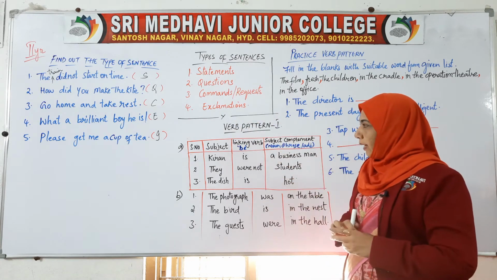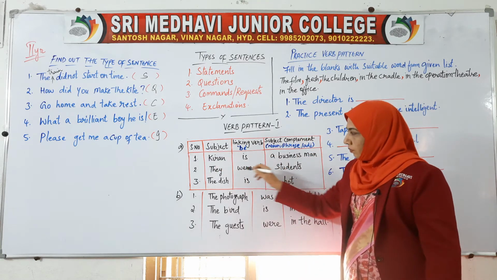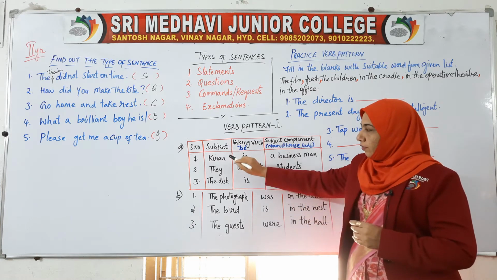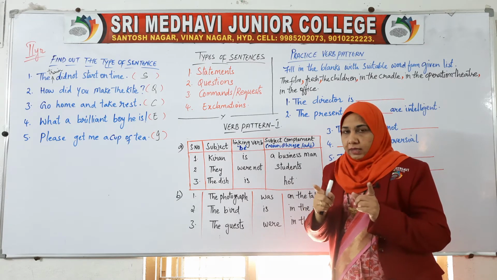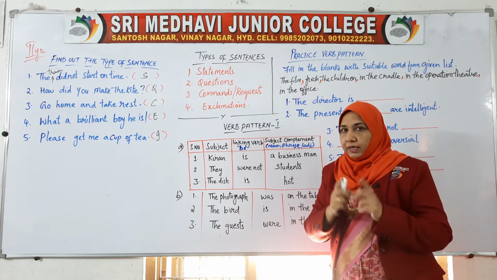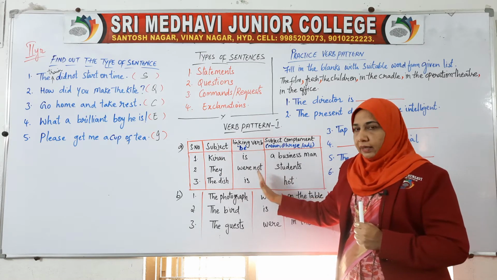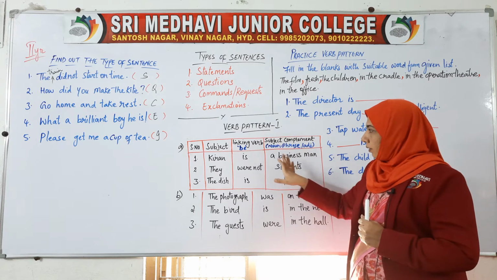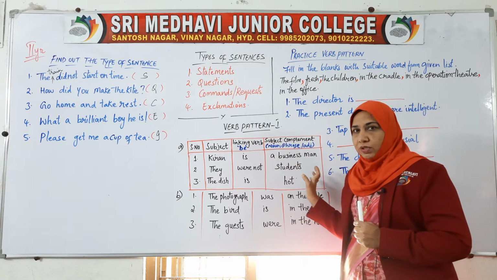In the first verb pattern, it is divided into 3 columns and 3 rows, where the first column deals with the subject. The sentence is split into 3 parts. One is the subject, the other is the linking verb, the third is the subject complement, where we can use noun phrases or adjectives.